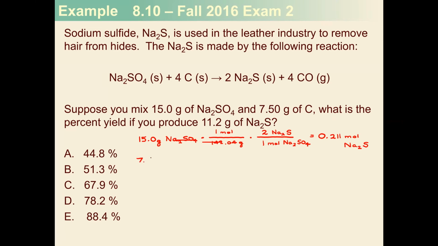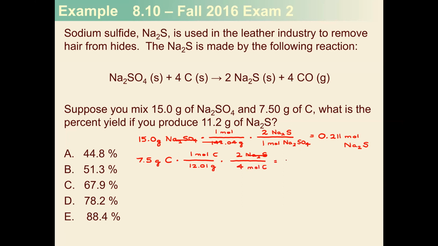So now what I need to do is check my other reagent. If I say that I have 7.5 grams of carbon, what I need to do in this case is say that 1 mole of carbon is 12.01 grams. Now you'll see that I get 2 Na2S for every 4 moles of carbon.